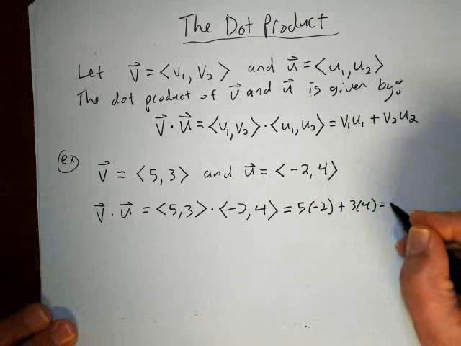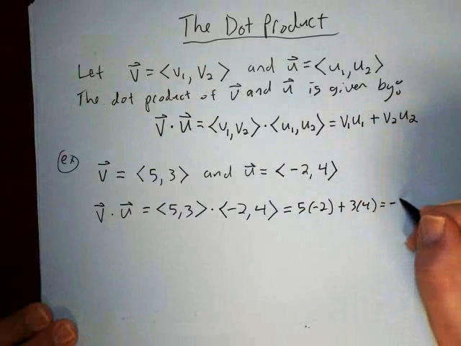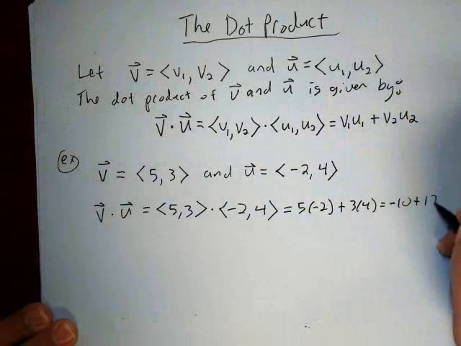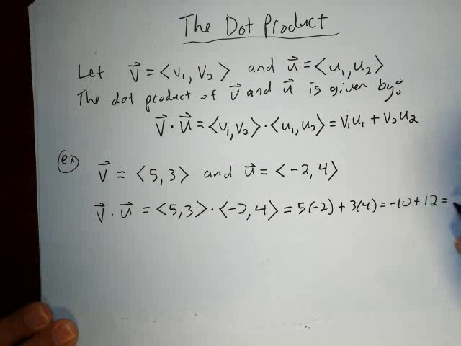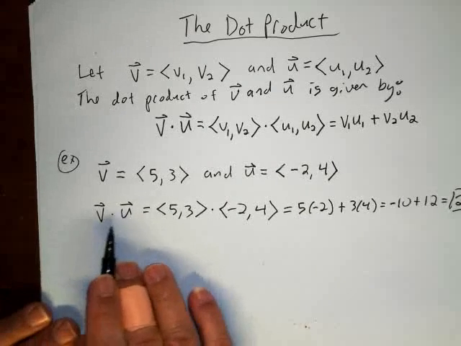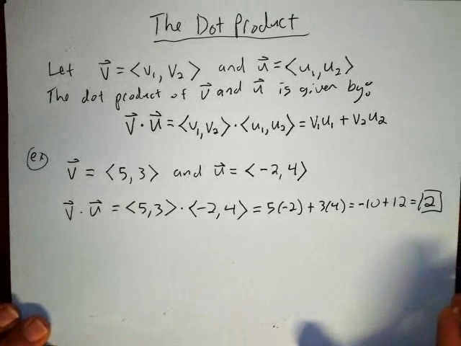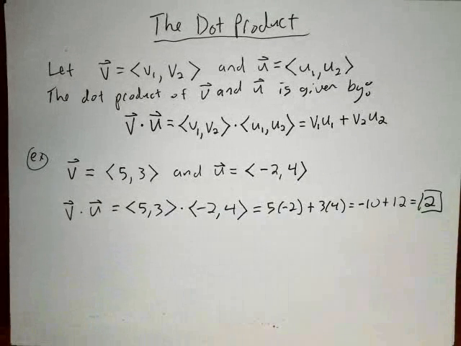And so this would be negative 10 plus 12, and that would give you 2. So the dot product of these two vectors would be equal to 2 here. Okay, so that is the idea of the dot product. It's very easy to do.